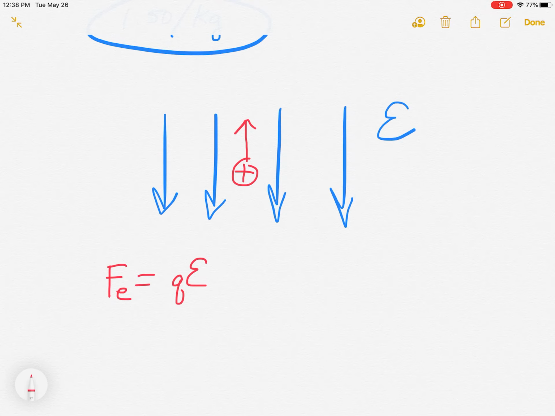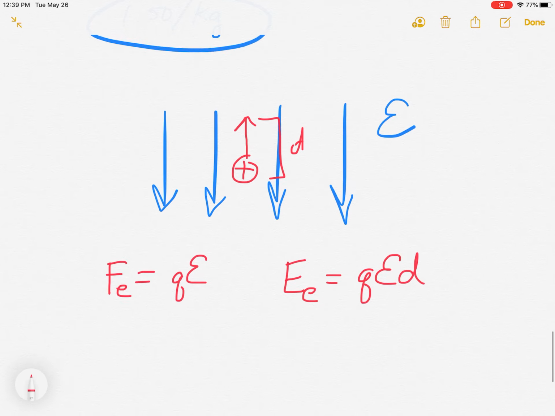So what I might want to know is not so much the energy. Let's say we did electrical energy, right? And I could go QED, force times distance, so I'm going to move it this distance D. What if I just wanted to know the price per kilogram? In other words, how many joules of energy are necessary, or are going to have to be added to change the position of this positive charge this much.